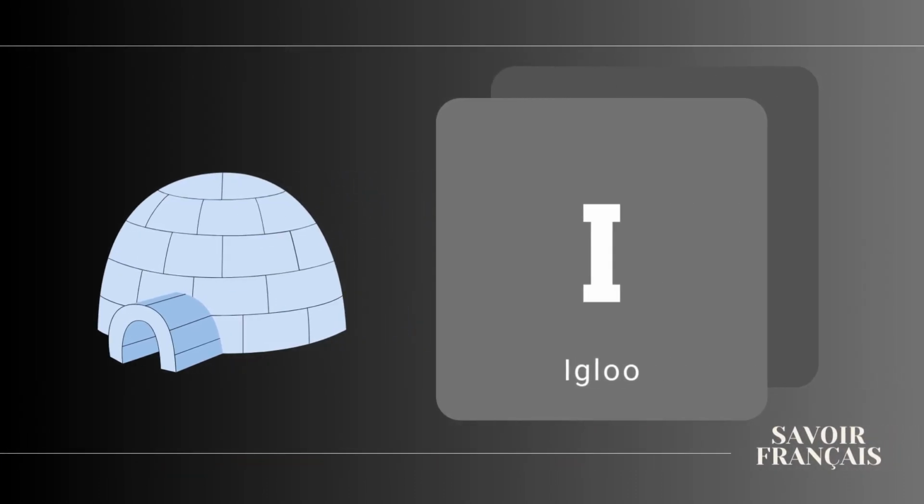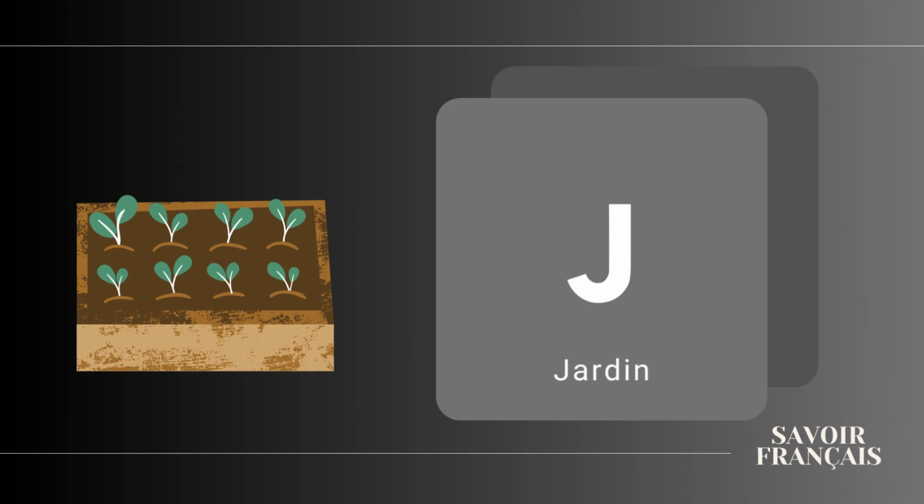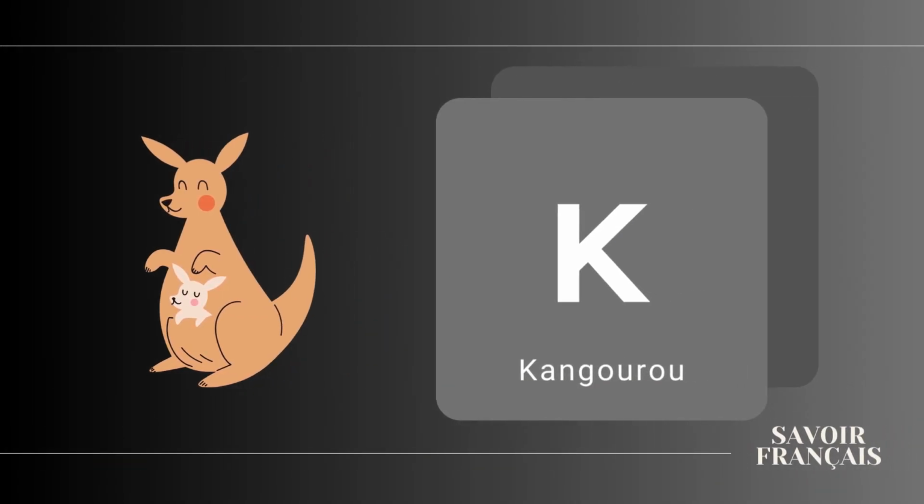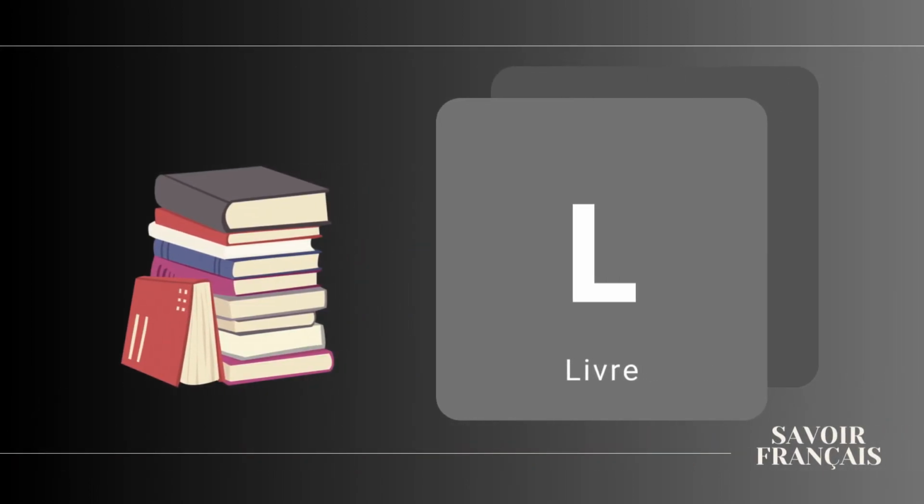I is for igloo, igloo. J is for jardin, jardin. K is for kangaroo, kangaroo. L is for livre, livre.